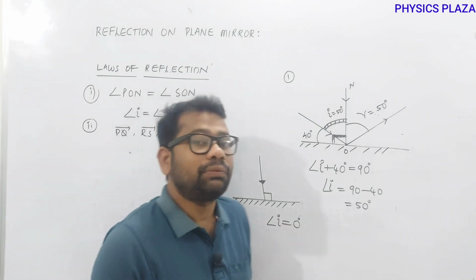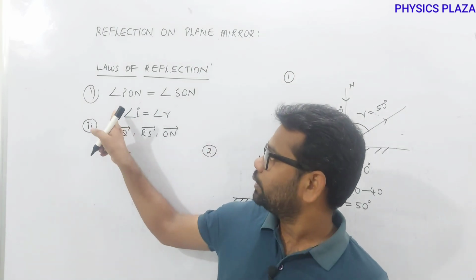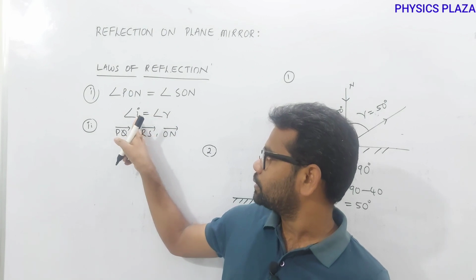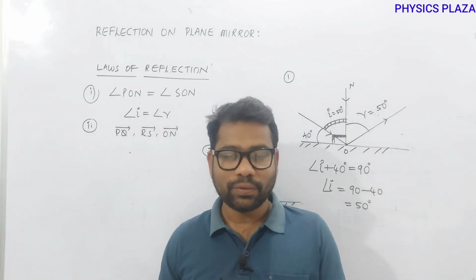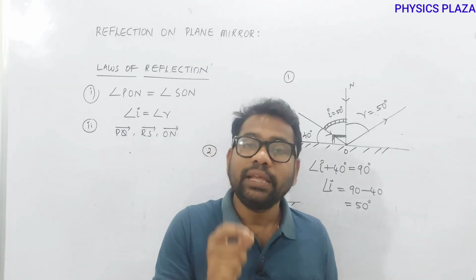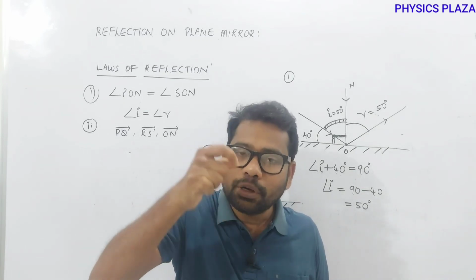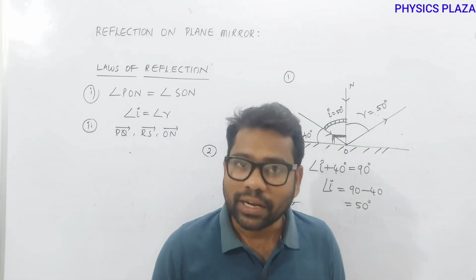Then what about angle of reflection? Children, this we can tell in two ways. By following the laws of reflection, as angle of incidence is 0 degrees, angle of reflection is 0 degrees. Conceptually, if any light ray is striking normal to the surface of the plane mirror, its path is retraced.